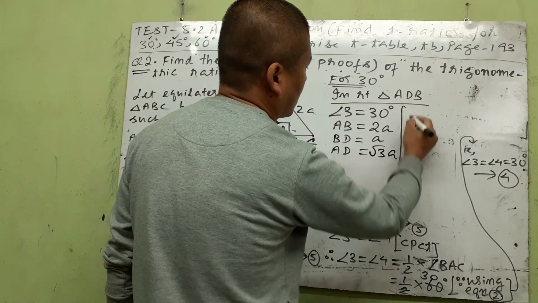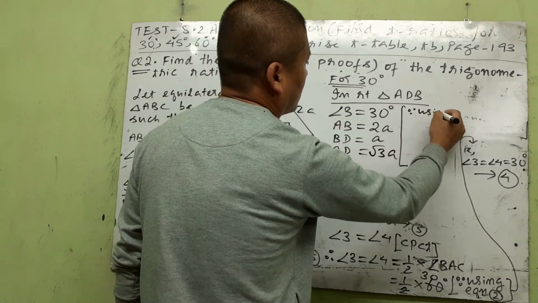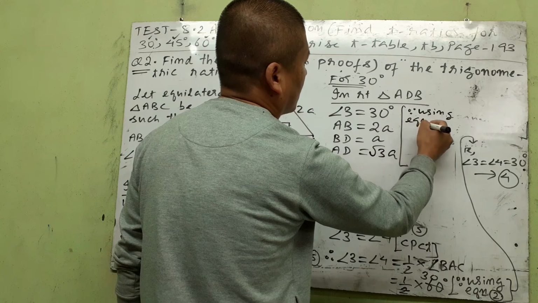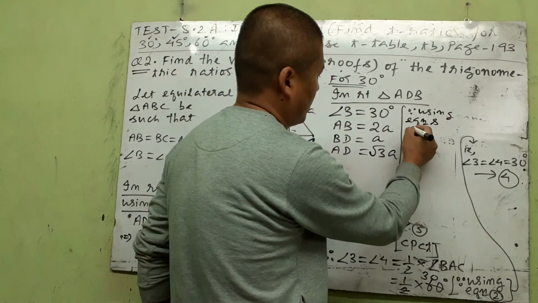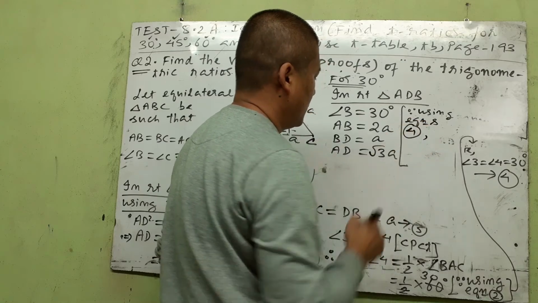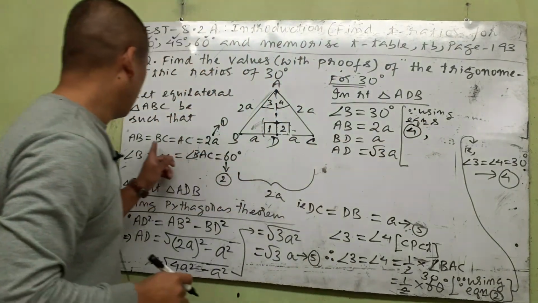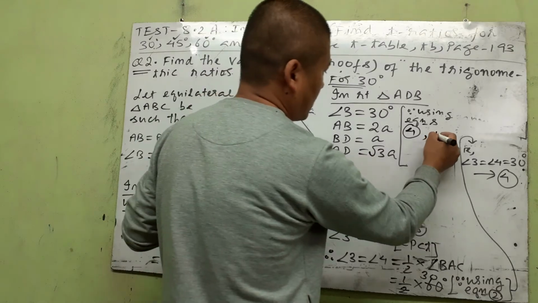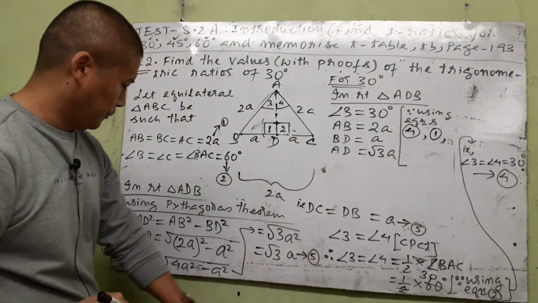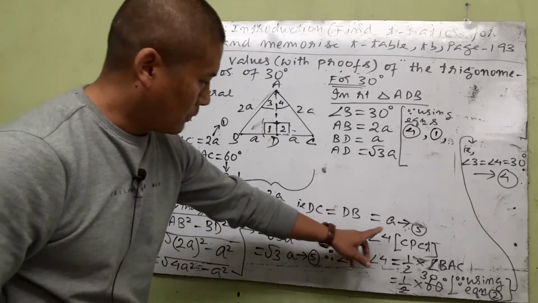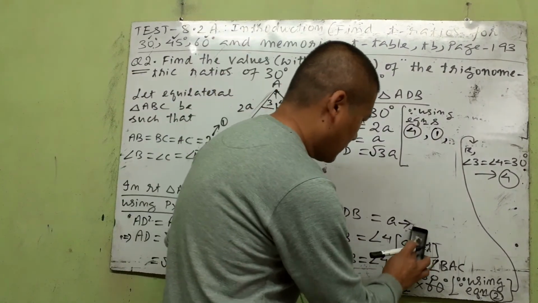All these things are coming from equations. 30 degrees is coming from equation 4, AB equal to 2A is coming from equation 1. BD equal to A is coming from equation 3 here, as you can see.